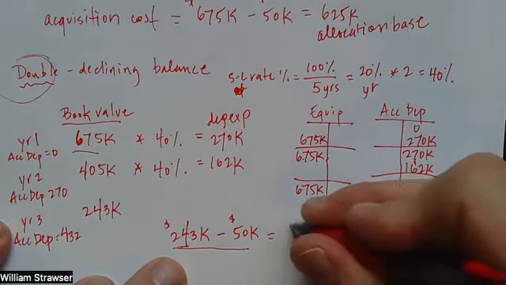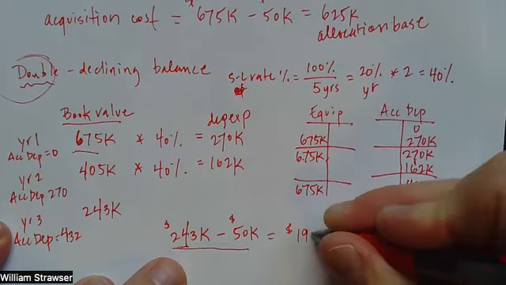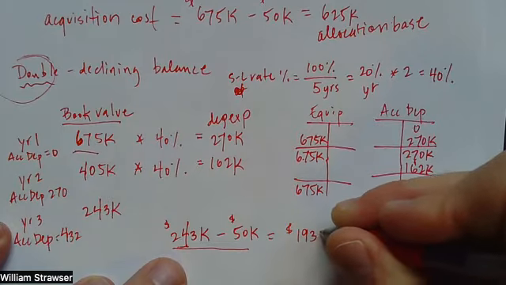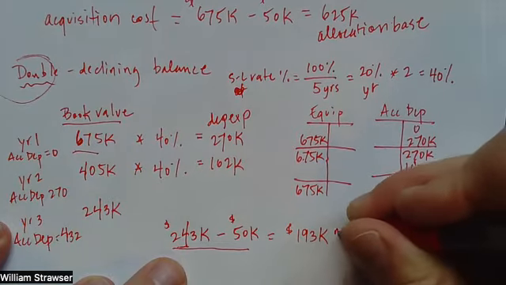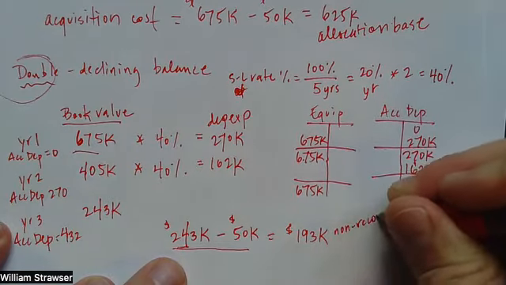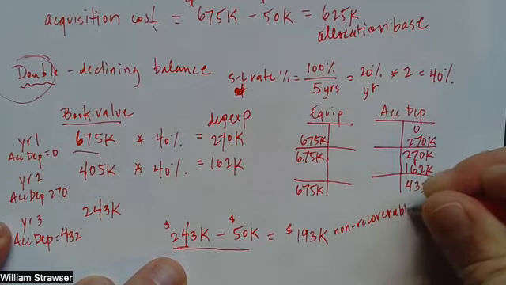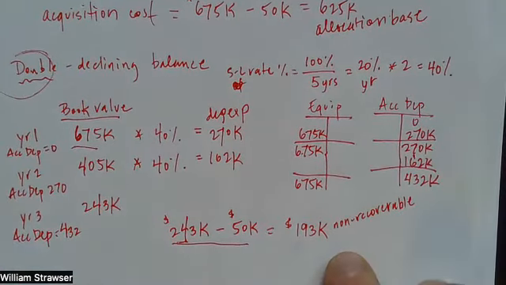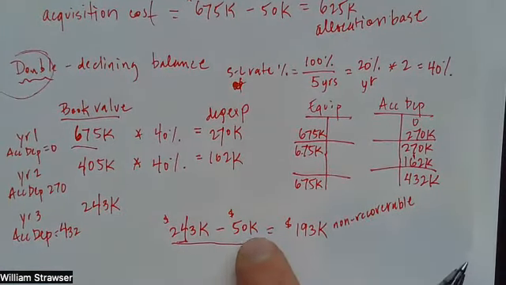And that gives me my new, all right, well, my non-recoverable cost is $193,000. This is what I absolutely need to expense after I take into account that I estimate I can earn $50,000 selling it at the end of its useful life.